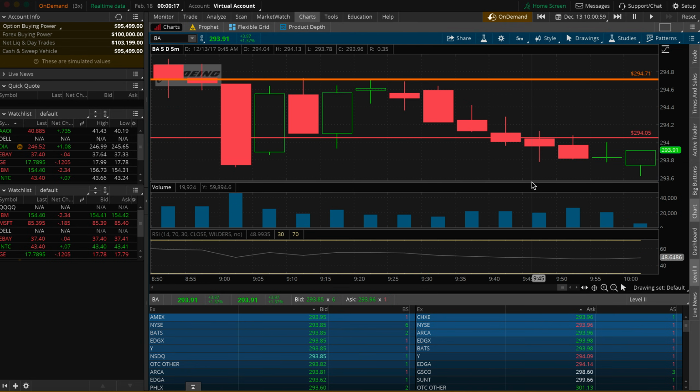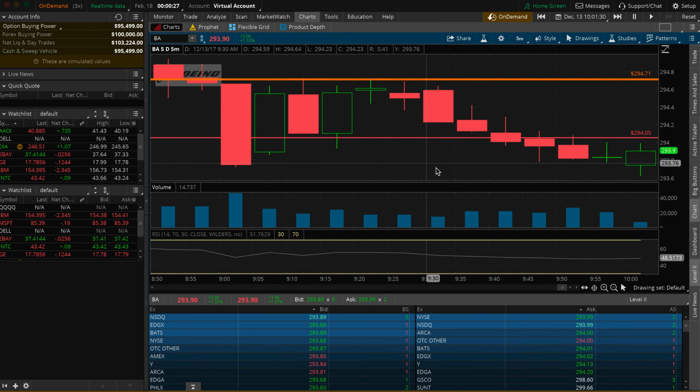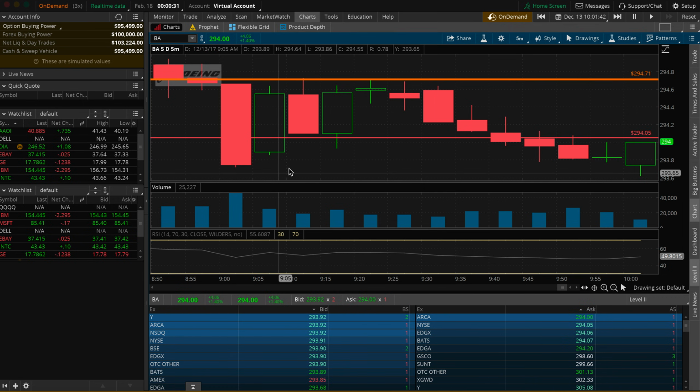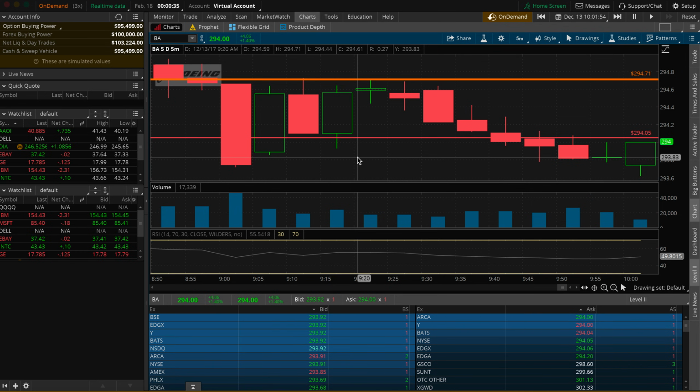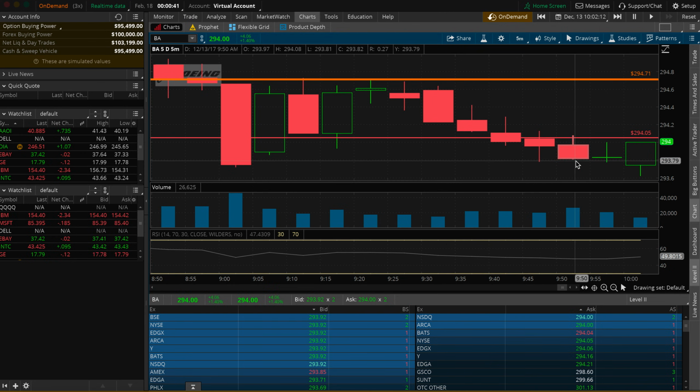That's usually how it goes, unless there's mass buying or mass selling in the market. This is a regular trading day. 6 to about 9 is where there's a lot of action going on. After 9 o'clock, it starts consolidating, moving to the downside, or consolidating, moving to the upside.